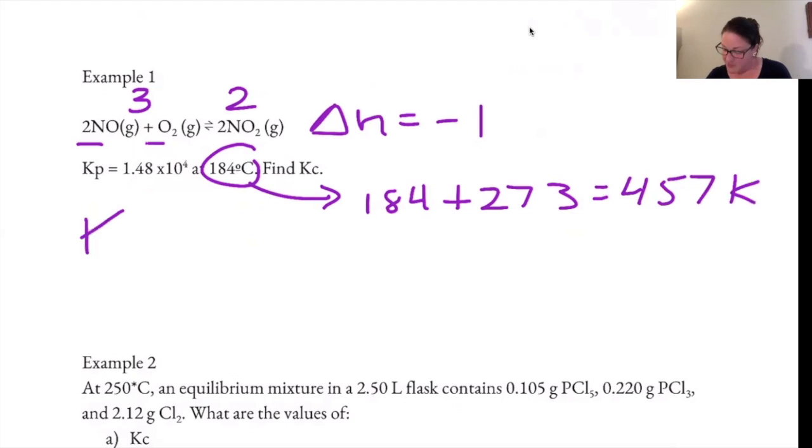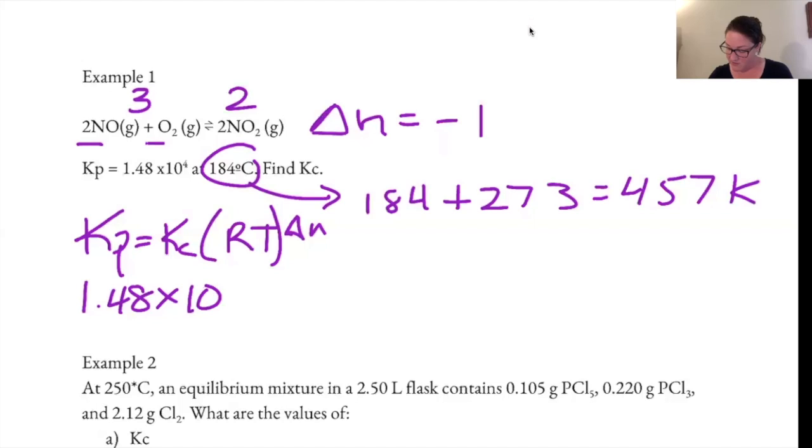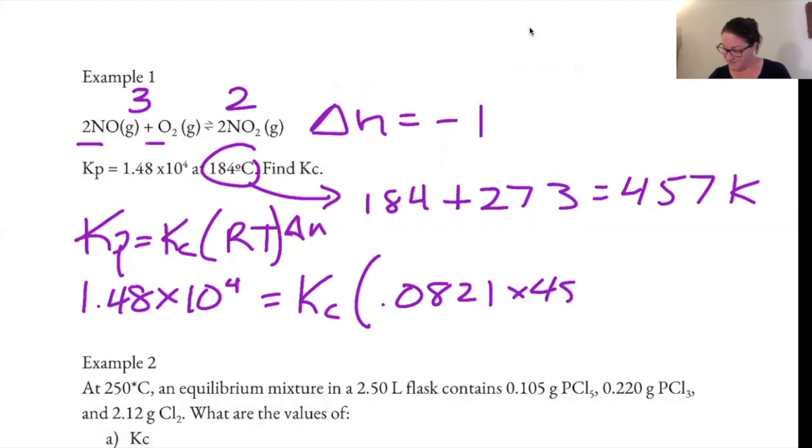And now Kp equals Kc times RT to the delta N. So 1.48 times 10 to the 4th equals Kc, which I'm solving for, times 0.0821 times 457, only that quantity raised to the -1 power.